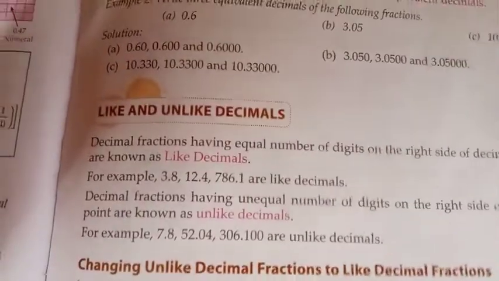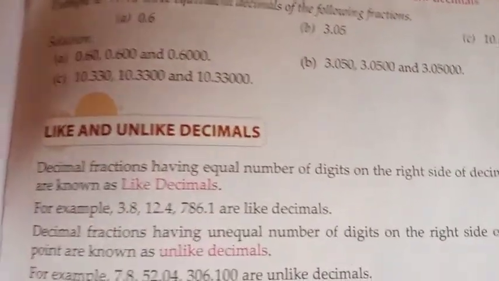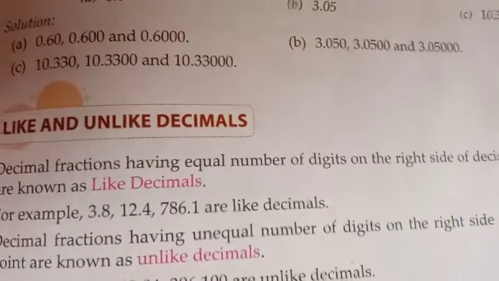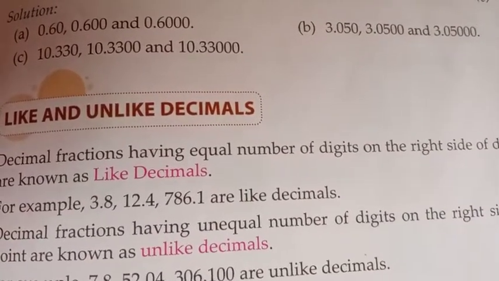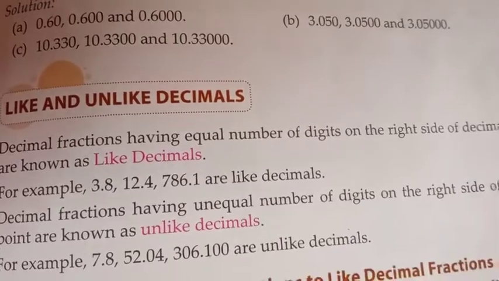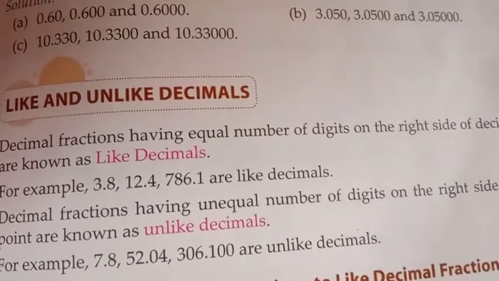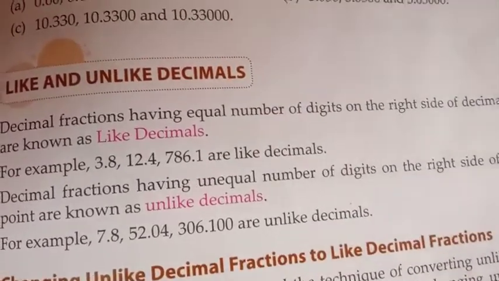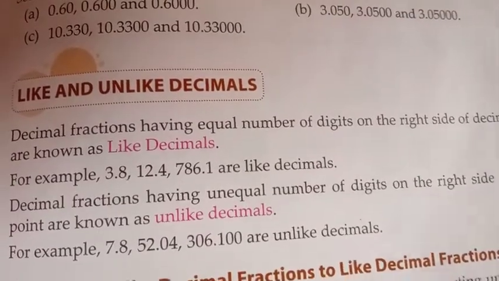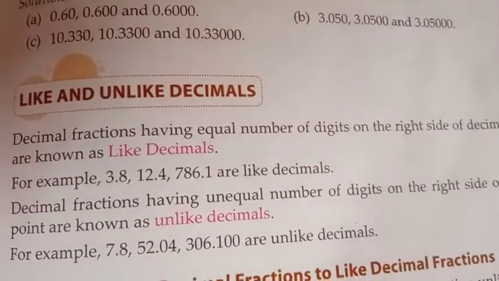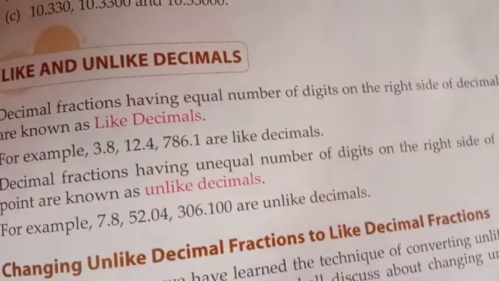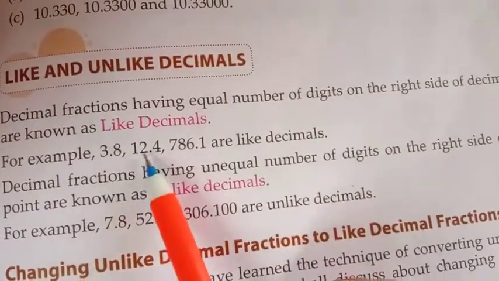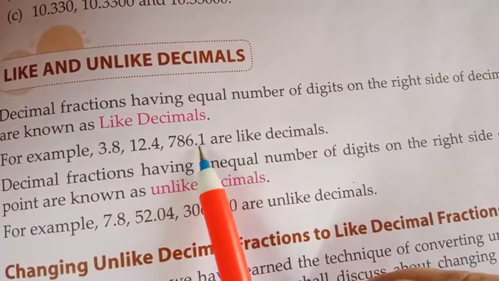Okay, so the next part is like and unlike fractions. Like and unlike fractions we already know, but here we will learn like and unlike decimals. In decimals, fractions having an equal number of digits on the right side of the decimal point are known as like decimals. For example, 3.8, 12.4 and 786.1.